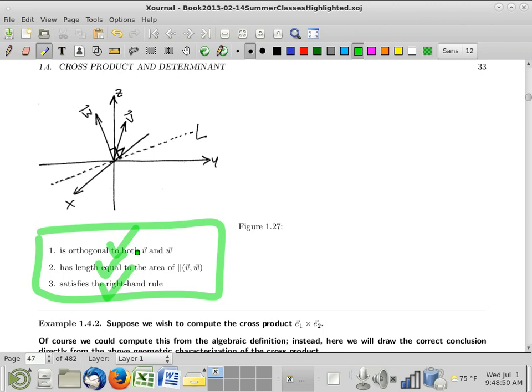So, complete geometric characterization. Now, side note, I have seen some textbooks that, when they talk about the cross product, start with this as the definition: the cross product is the unique vector that's orthogonal, that has length equal to the area, and that satisfies the right-hand rule in terms of order.